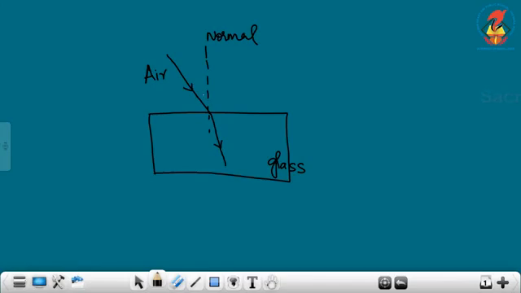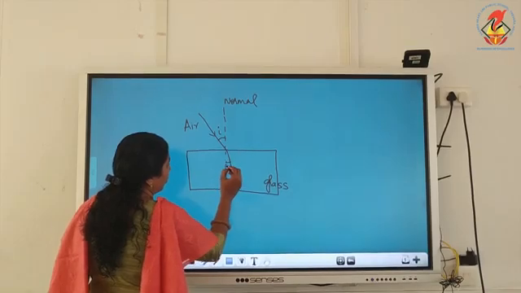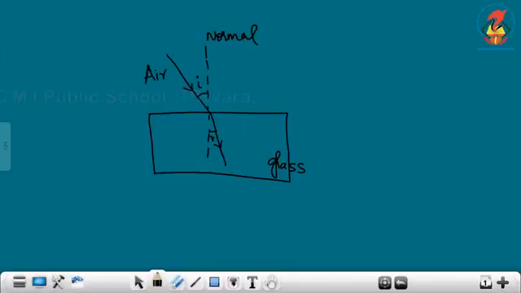The angle between the incident ray and the normal is known as the angle of incidence, and the angle between the refracted ray and the normal is known as the angle of refraction.